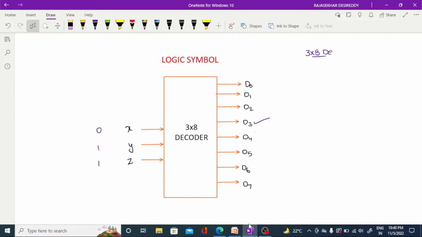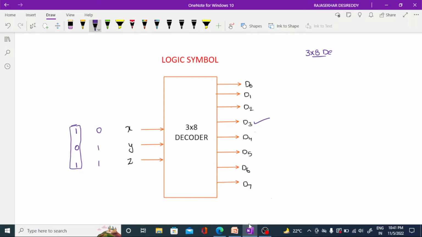Okay, hope you understand. So let us take 1, 0, 1. So x value is 1, y value is 0, z value is 1. For this particular input combination, only one output is activated at a given time. So 1, 0, 1 means 5 actually.